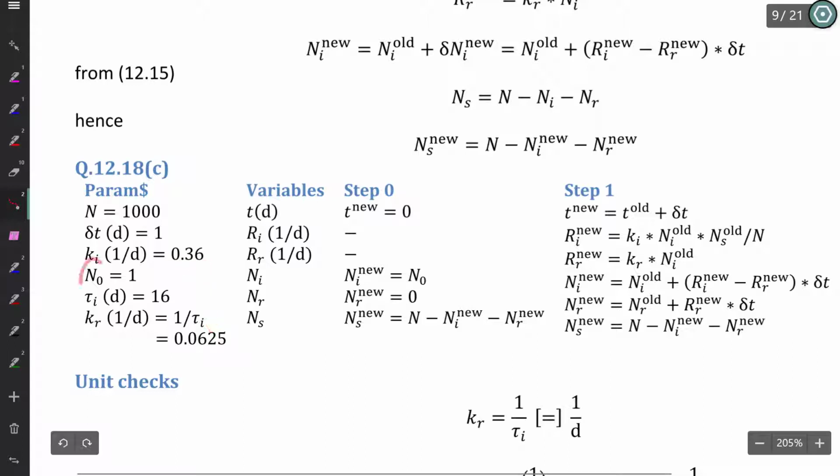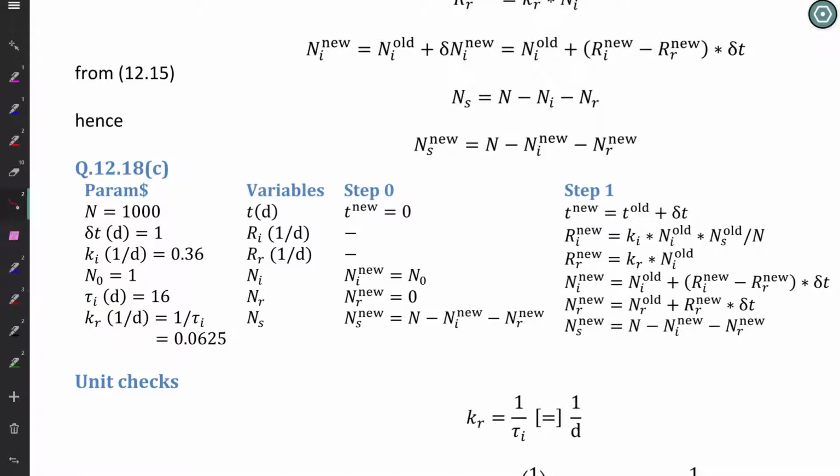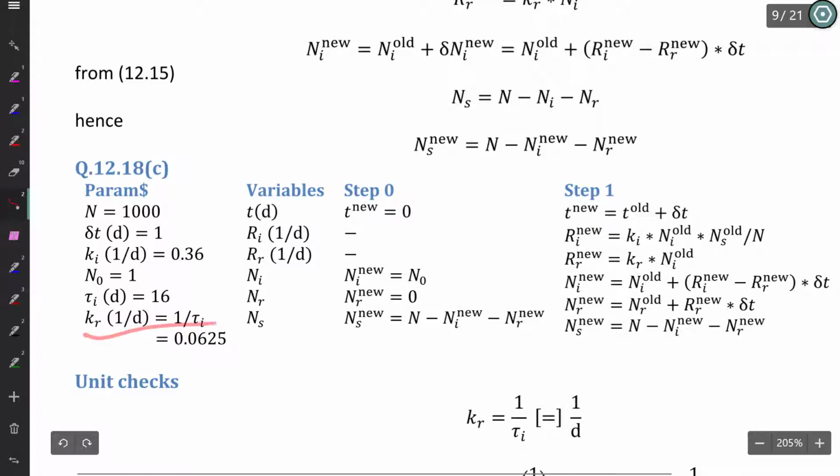N naught is the number infectious on day 1, or day 0 actually, that's what the naught's for. Tau I is the mean infectious time. So this is the amount of time that a person who gets infected is infectious and can infect other people. And then Kr is the recovery rate, and it's just 1 over tau I.